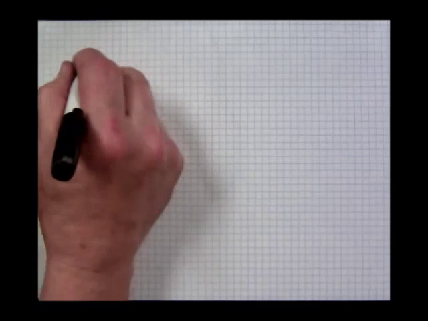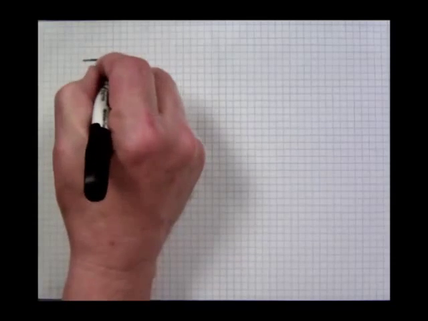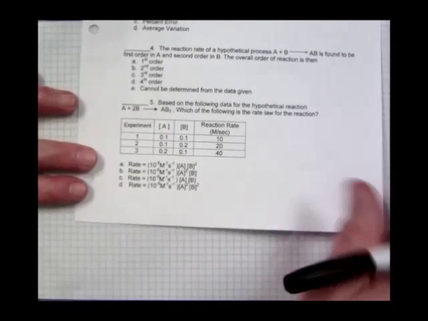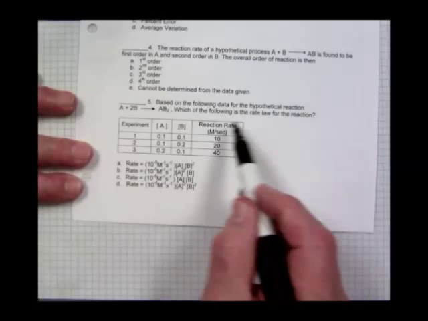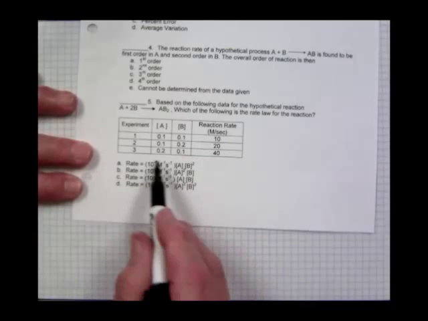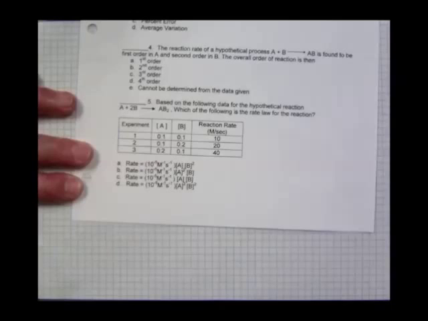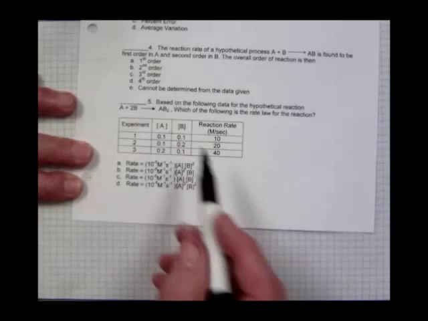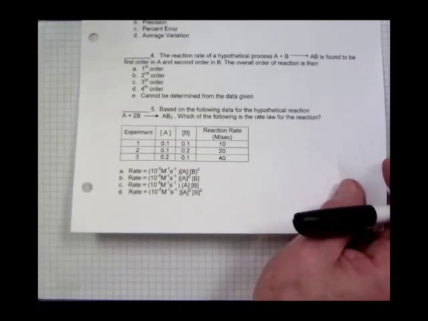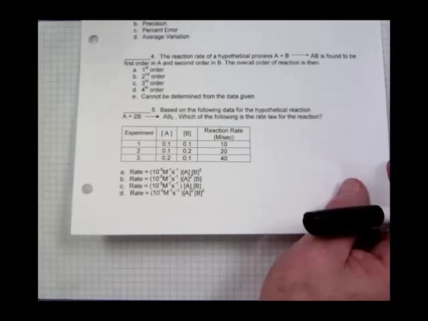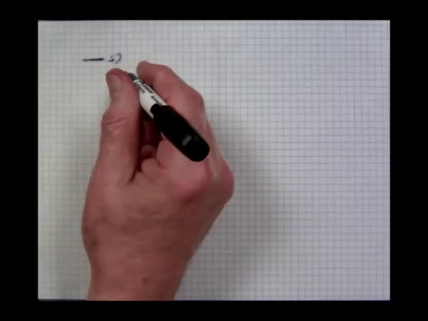Finally, I gave you a little problem similar to the problems we worked the other day. Based on the following data for the hypothetical reaction given here, which of the following rate laws describes the reaction? Well, the K value I set in there as a known in the answer choices. It was a matter of using the data to determine the appropriate orders of reaction. I left the material on the board for you to use if you wanted. The idea is to learn material.